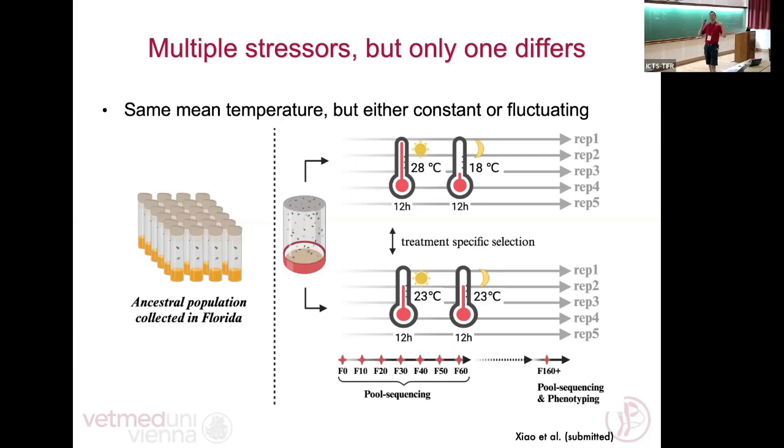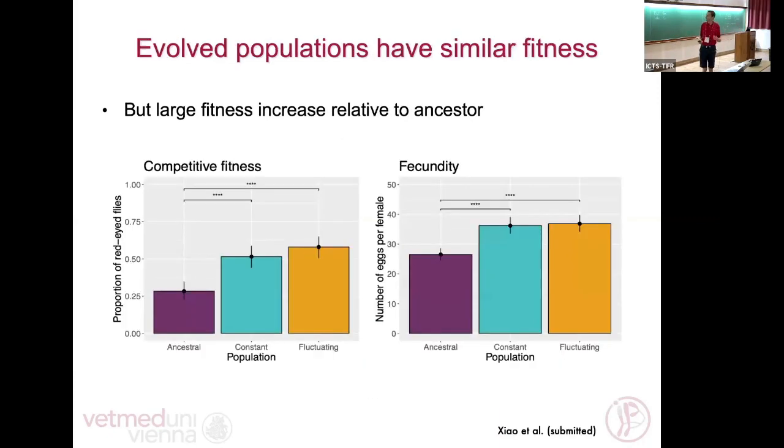I don't know which phenotype to look at, so we better use fitness. If you look at the fitness of the flies, this is the ancestral population, and these are the two temperature regimes that they have been evolving in. They have been assayed here, and this is for the constant temperature. You can see that both are significantly better than the ancestor, but you cannot distinguish them here.